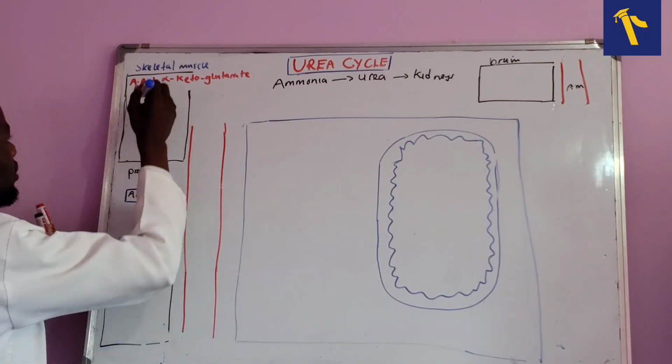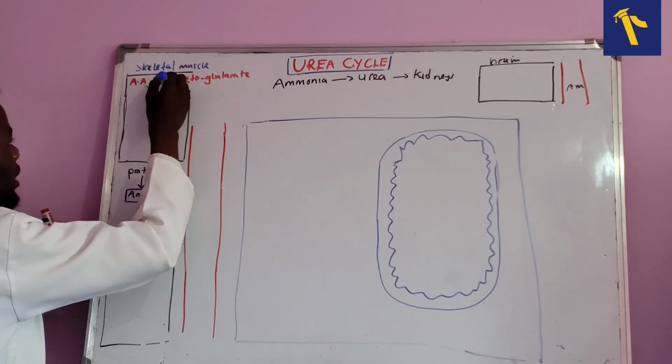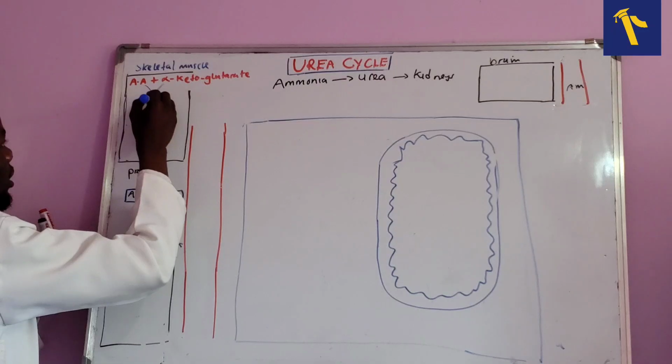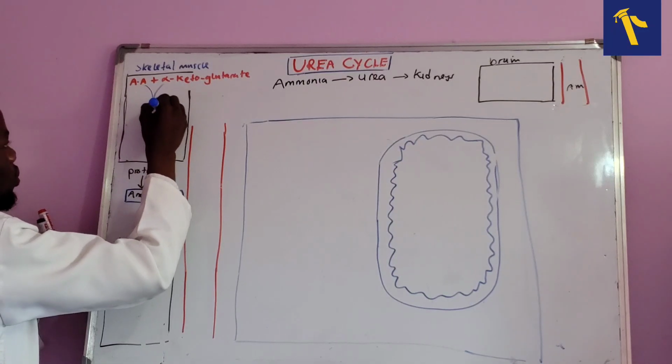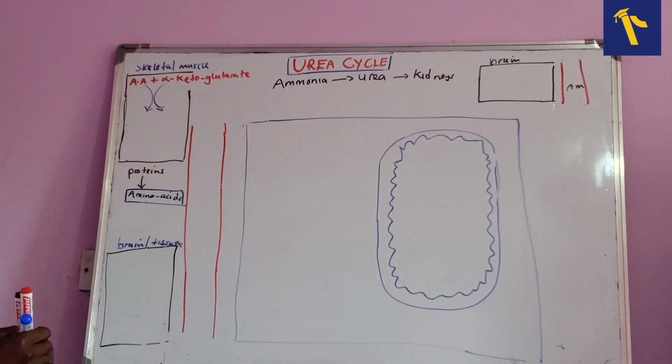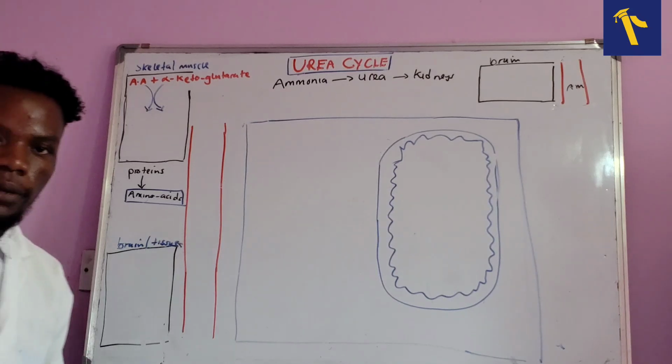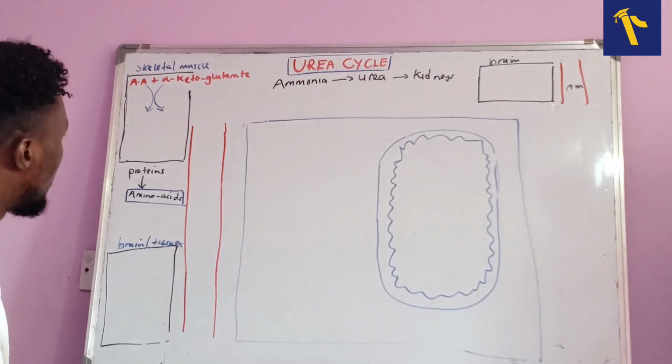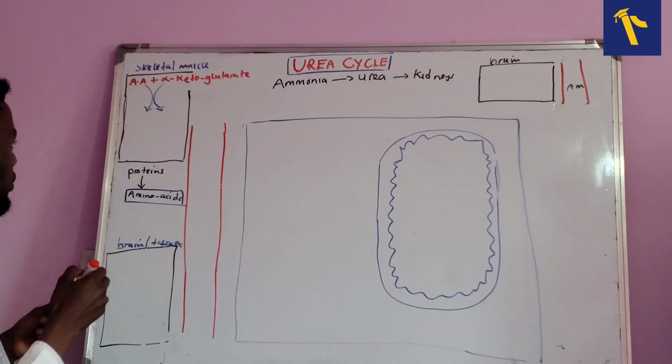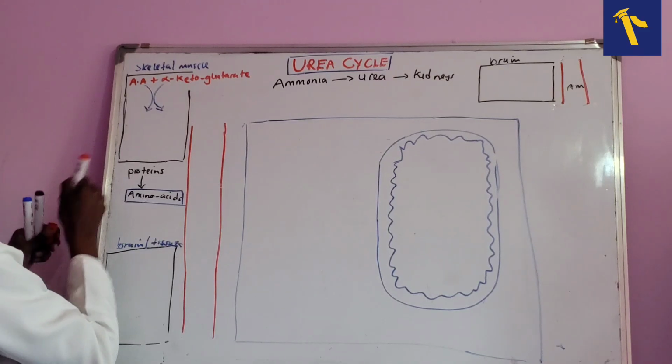So this one and that one, they're going to combine to produce two important substances or molecules. The first important molecule that's going to be produced is what we call glutamate.